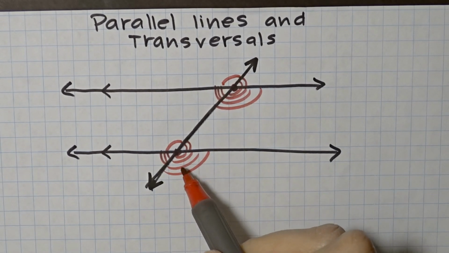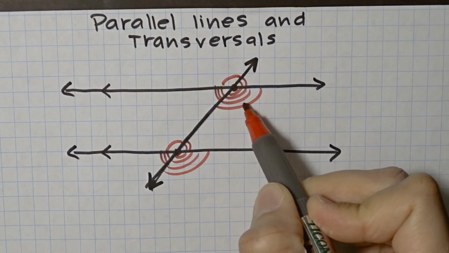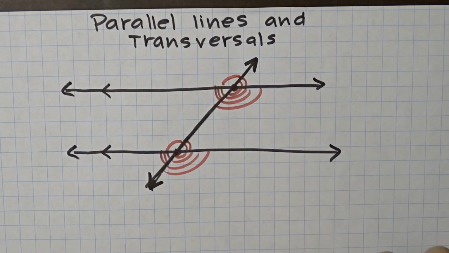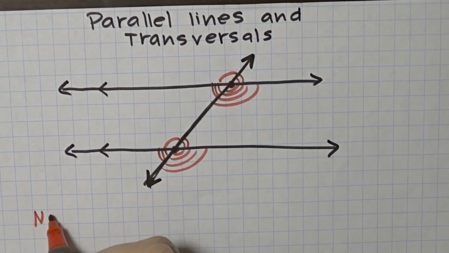So last one, I just want to discuss. This one is in the lower right corner. This angle is in the lower right corner. They will be the exact same size. We call those congruent. And the vocabulary word for those is corresponding angles. And remember, corresponding just means like matching.